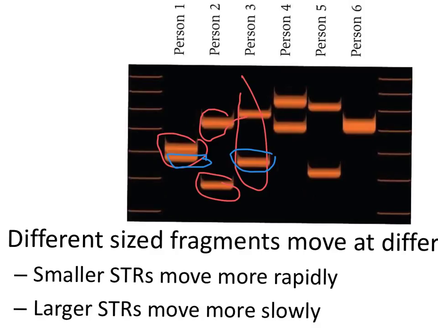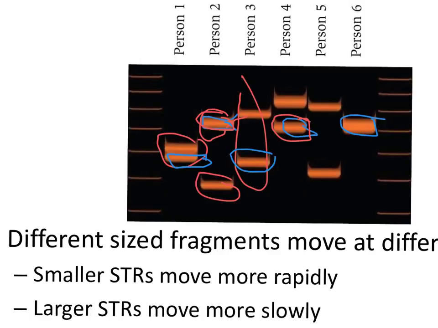Obviously, just by chance alone, you can end up with an individual with the same size fragment. Again, person 2 and 4, they share this fragment together. And then this is a double fragment with this individual and this individual.